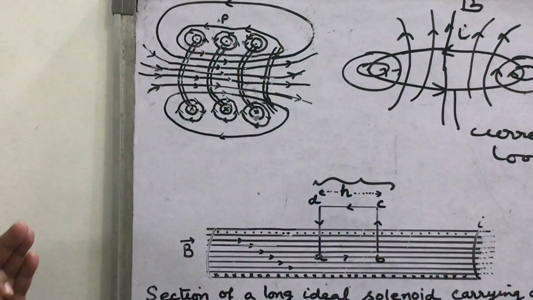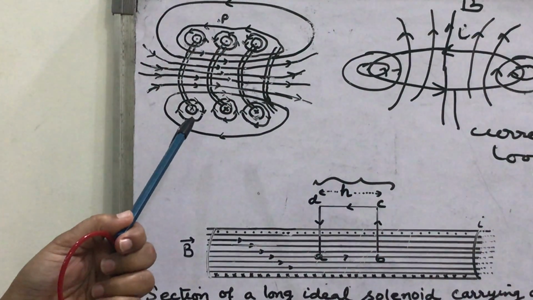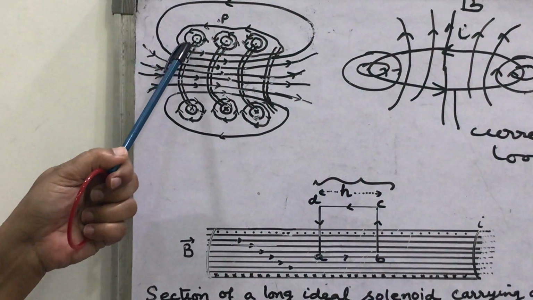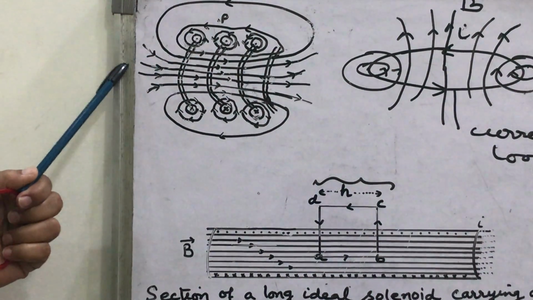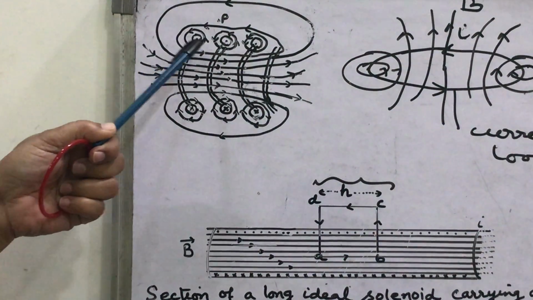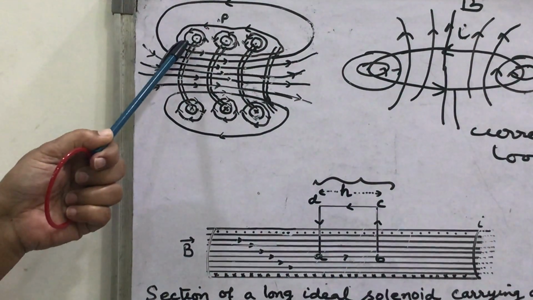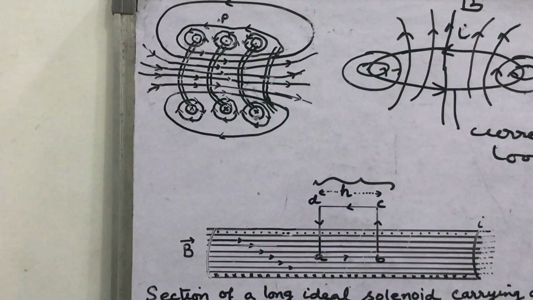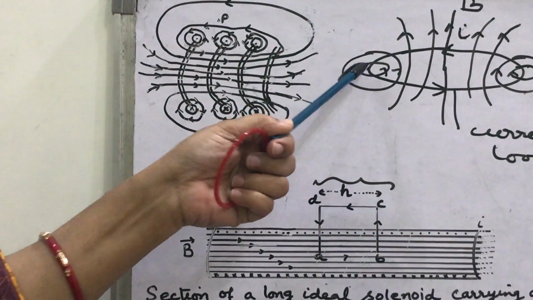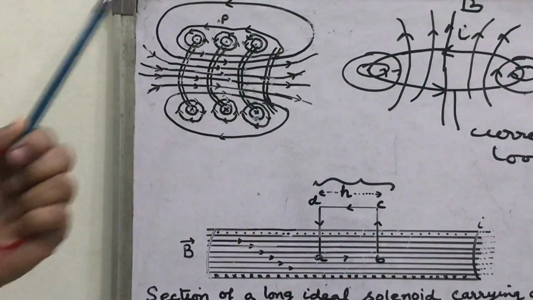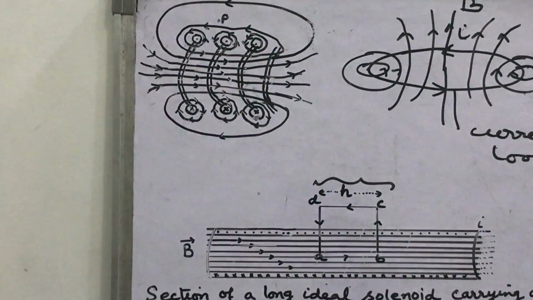Look at this cross section: the magnetic field at points close to a single turn of the solenoid is in the form of concentric circular loops, like that of a straight current-carrying conductor, where the magnetic field is in concentric circular lines.